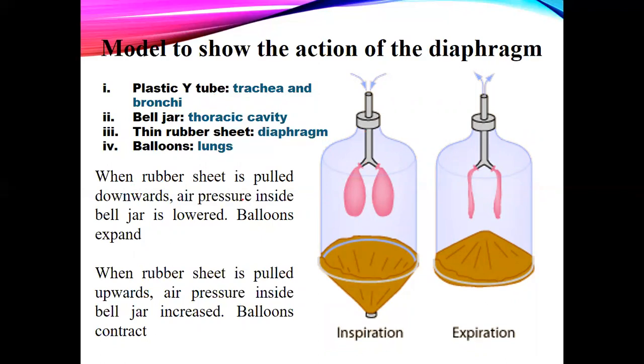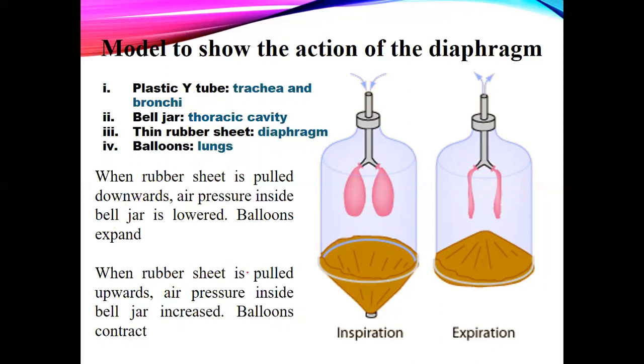So now we want you to see how it happens when you respire, when you inhale and exhale. When the rubber sheet is pulled downward, what would happen is the air pressure inside the bell jar is lowered, so the air pressure will go down, and the balloon is going to expand. It increases in size.